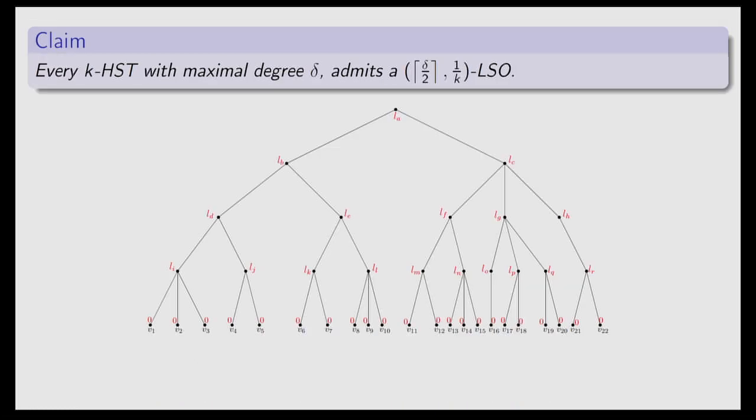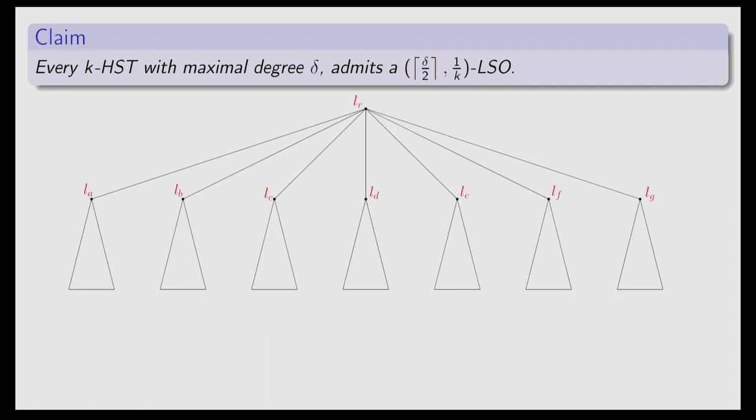So here's a claim. For every k-HST of maximal degree delta, you can construct a (delta over 2, 1 over k)-LSO. That means you can construct delta over 2 orderings such that for every 2 points, all the points between them will be within a 1 over k fraction of the distance in the ball.